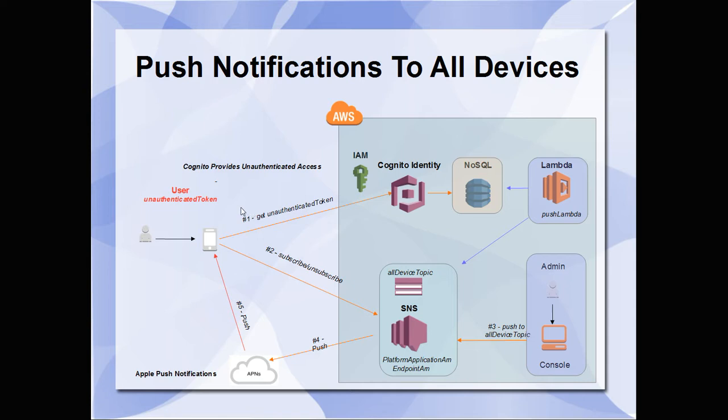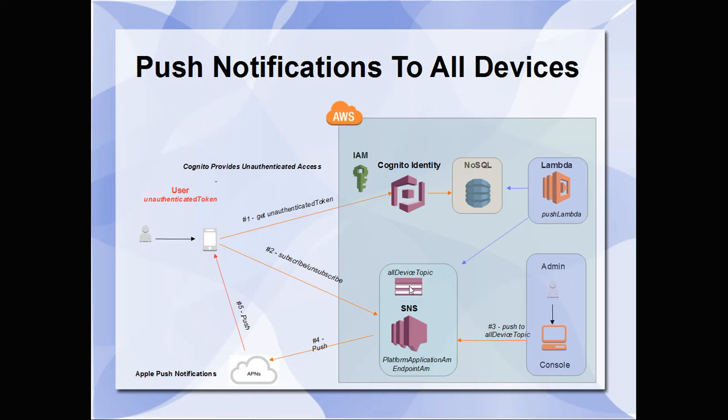So let's look at the steps involved, right? So the user downloads the mobile application, they fire up the application, they get an unauthenticated token from Cognito Identity, and then they subscribe to this all device topic. Now, what I just described comes out of the box.